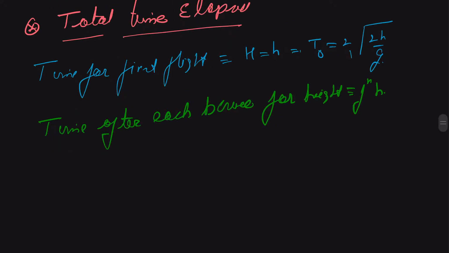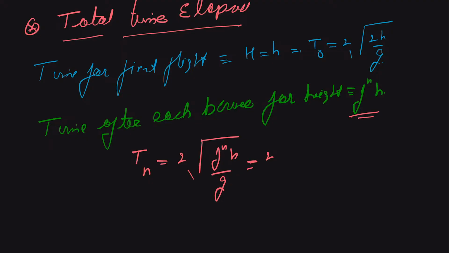So we can write t of n will be equal to 2 times the square root of f^n h upon g. Okay. So we can make a minor adjustment in this equation.